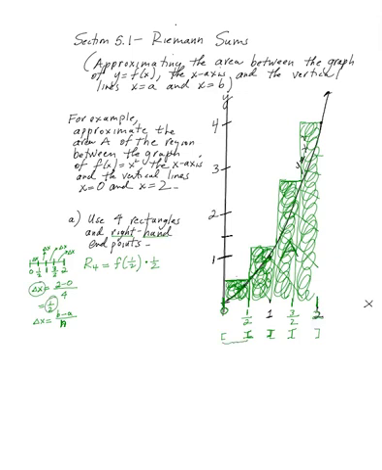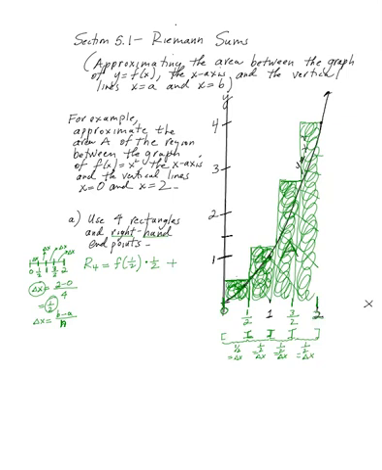In other words, that distance is 1/2. This distance is 1/2. This distance is 1/2. That's delta x, the width of a subinterval. Okay, f of 1/2 is the height of the first rectangle. 1/2 is the width. So f of 1/2 times 1/2 is the area of this first rectangle.